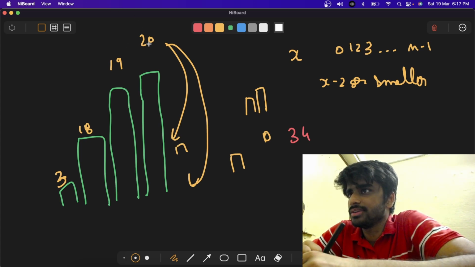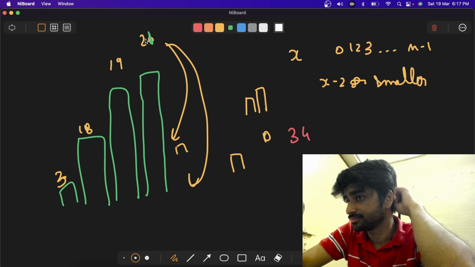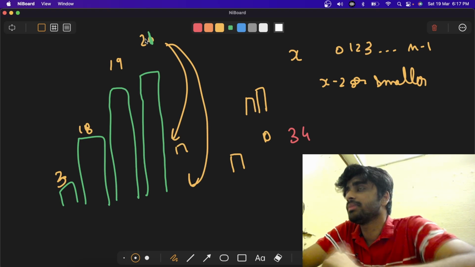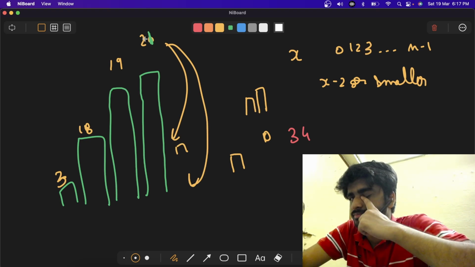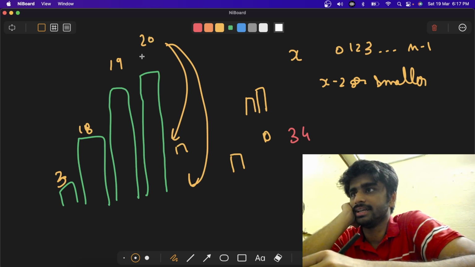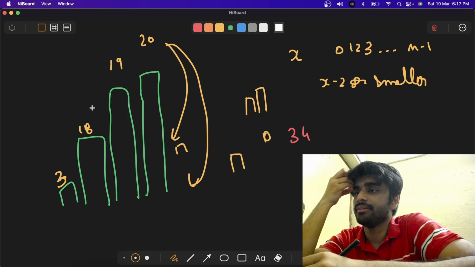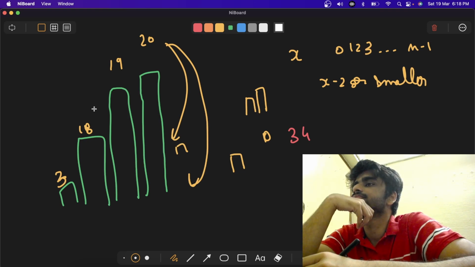First step was kind of easy, that if this is 21 and this is 19, definitely Alice wins. But apart from that, it doesn't seem that obvious. If we have a 19 here, we know that we need 18. But if we already have 18, then we don't know what to do.